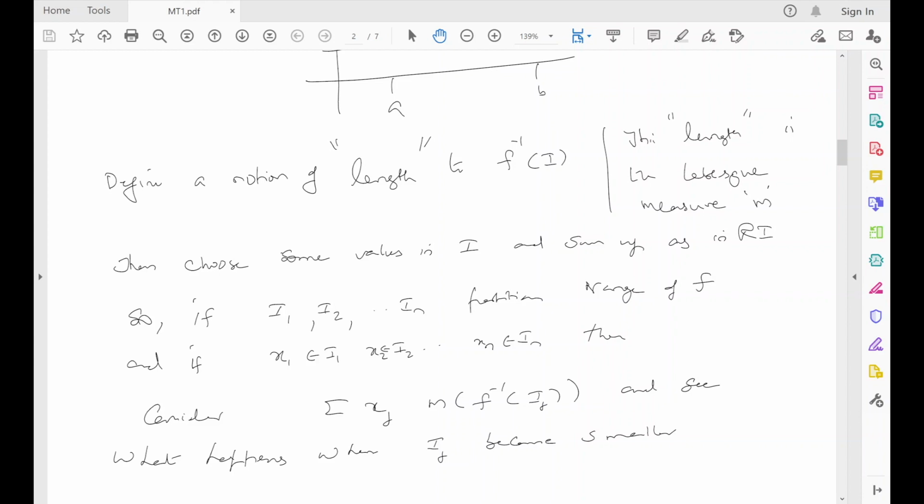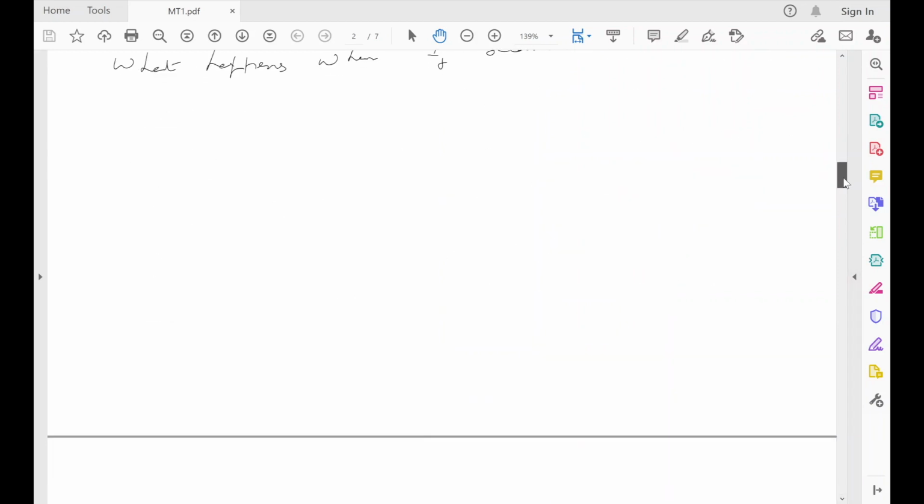So one has to define length for such sets. Okay, if you can do that, you can form something like this, and then see what happens when the partitions become smaller and smaller. That was Lebesgue's idea, and that became hugely successful, and it became extremely useful in developing analysis.